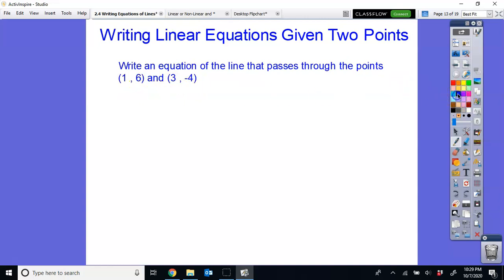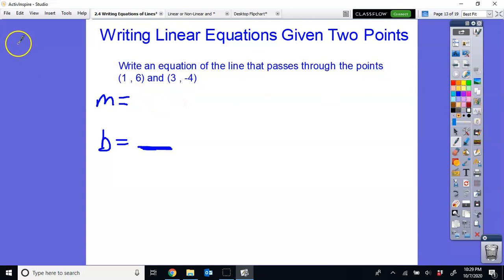We still need the same 2 things we were looking for a minute ago, the m and the b. We don't have the b because it's not given to us. There's no y-intercept given to us. But we do have 2 points that we can use in our slope formula.